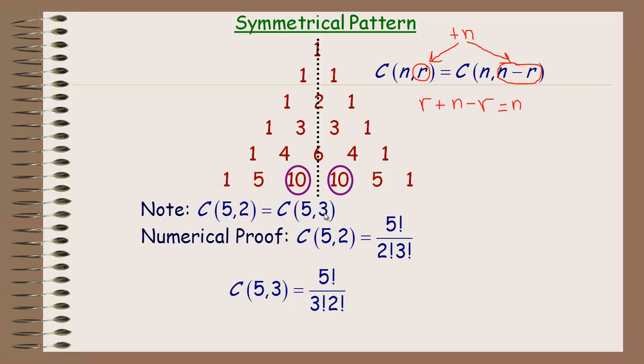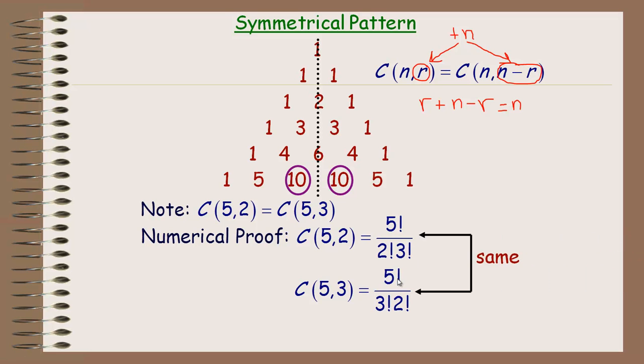If we use the combination formula to do 5 choose 3, we get 5 factorial on top, and then there's also 3 factorial down here, and 5 minus 3 is 2. Notice it doesn't matter whether you say 3 factorial times 2 factorial or 2 factorial times 3 factorial. That denominator is the same, and of course the numerators are both 5 factorial, so they would have to be the same.